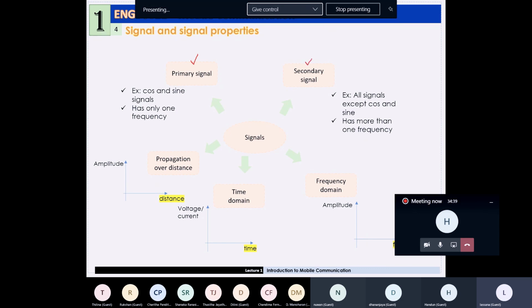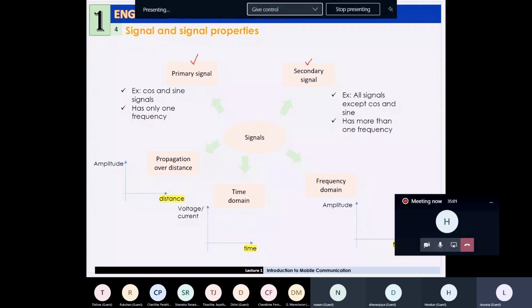Maybe you can say low frequency signal, medium frequency signal, high frequency signal, likewise AC signal, DC signal. Likewise, there can be different signal categorizations. But from our syllabus point of view, this categorization is very much important. What's that? Primary signal and secondary signal.